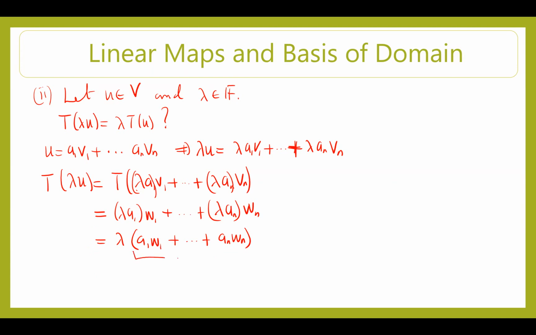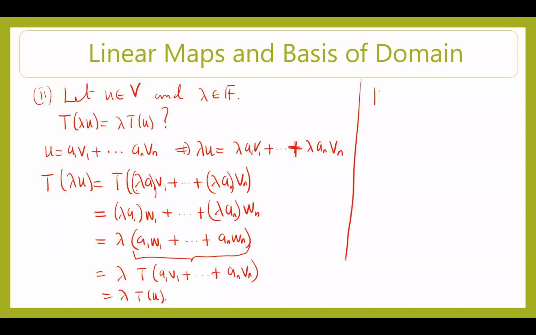Then again, I find myself with something that is nothing but T of A1 V1 all the way to AN VN, and that is what I call T of U. So you can see now that T is a linear transformation, or a linear map.